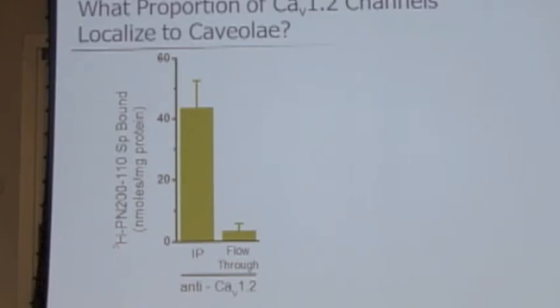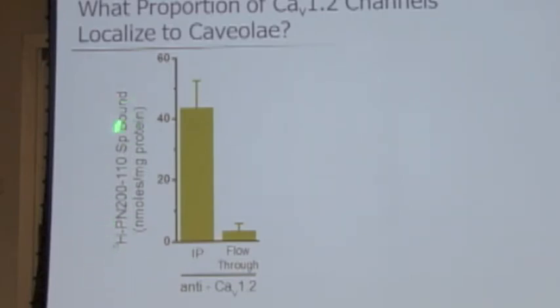So one of the questions from that early work is we think there are multiple populations of calcium channels in cardiomyocytes, some present in caveoli, some present elsewhere in the cell, such as in the surface membrane or in the junctional complexes. So can we figure out what's the relative distribution of calcium channels in caveoli? What we do here is an immunoprecipitation experiment where we use an antibody to the calcium channel main pore-forming subunit in the heart, CAV 1.2, and we radiolabel the cells with tritiated PN200-110, which is a radioligand specific for L-type calcium channels.